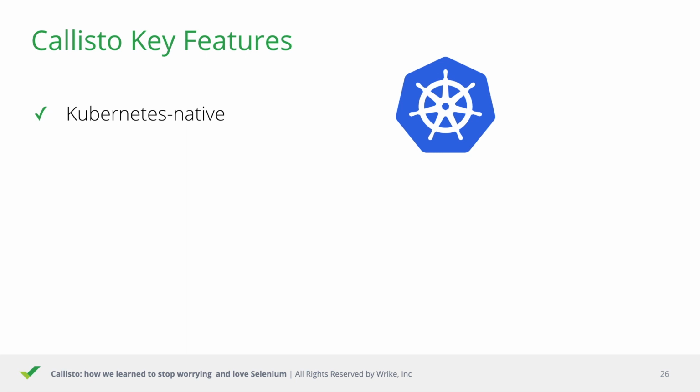It runs inside the cluster, and it also uses the Kubernetes API to create or destroy workloads inside the cluster. Also, it's a really stateless solution. Callisto doesn't store any session data because it uses the session ID approach.